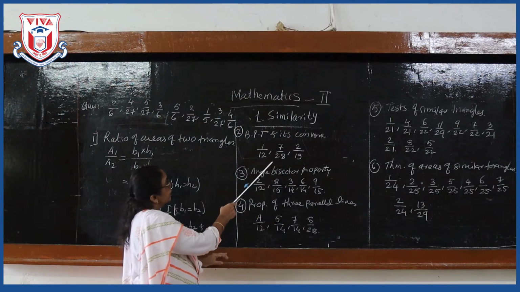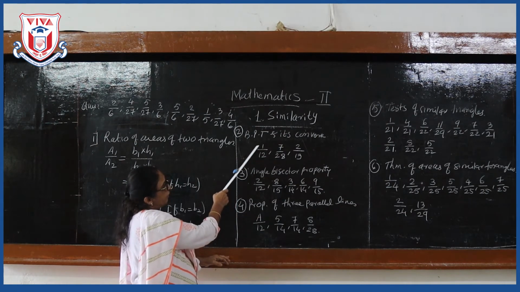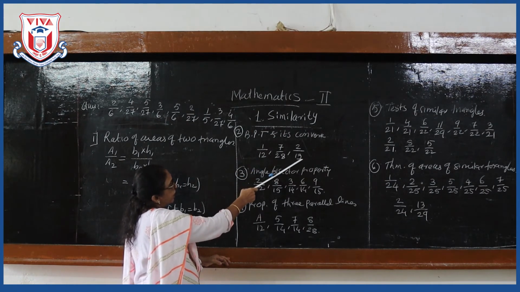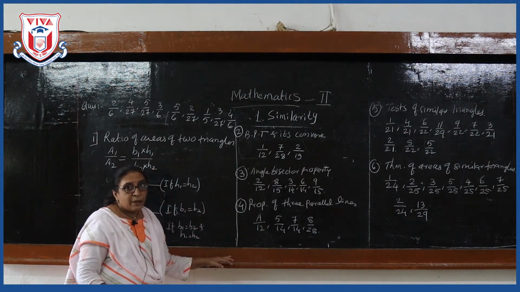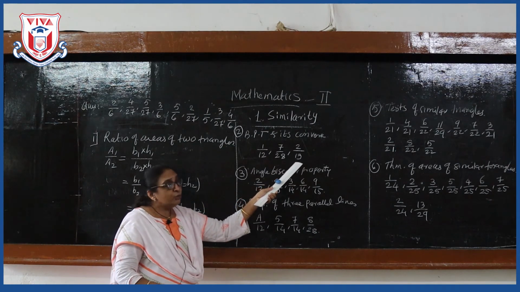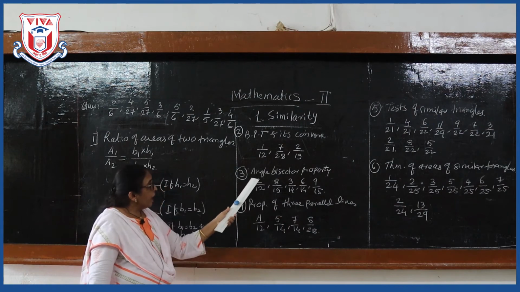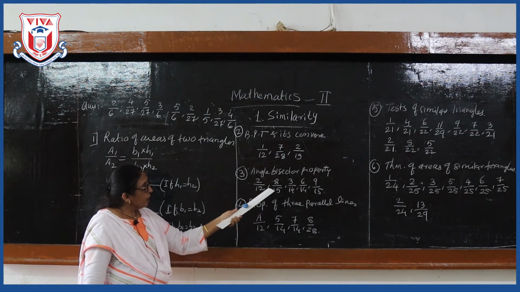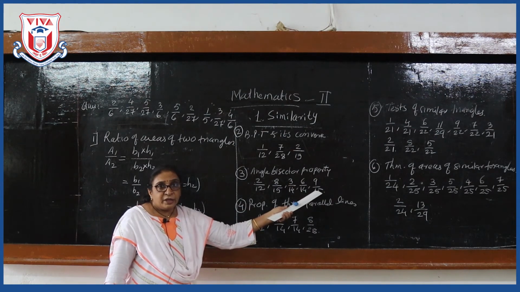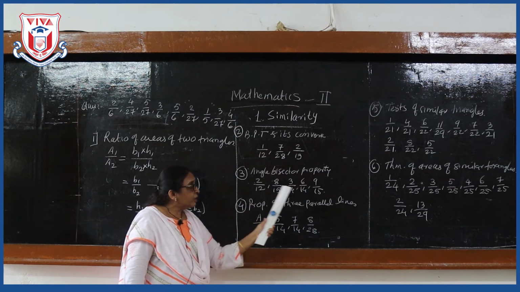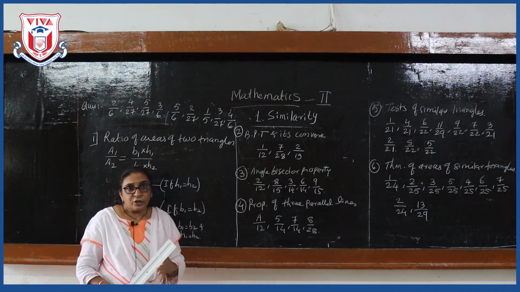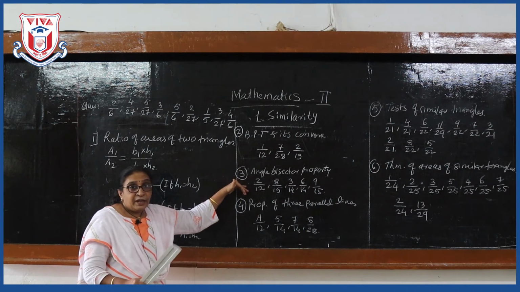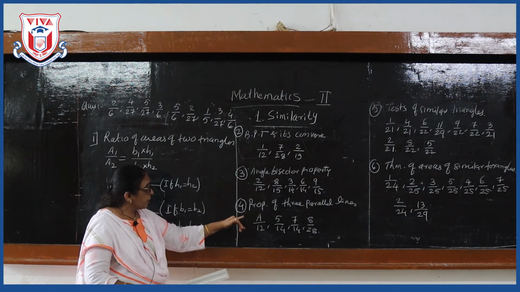On this, see page number 12 first, page number 28 7th, and page number 13 second example. These examples you have to solve. Angle bisector property. On the basis of this, these 5 sums are given here. So all these 5 sums you solve together so that this property will get fixed in your mind.